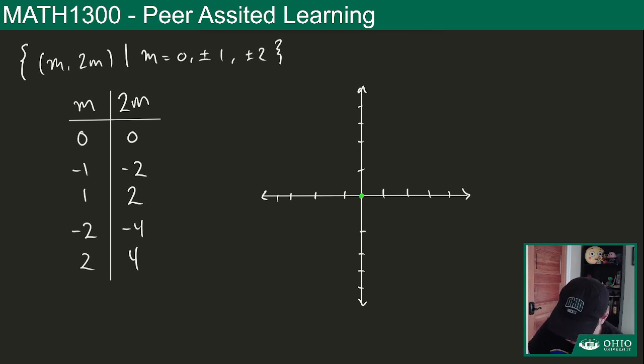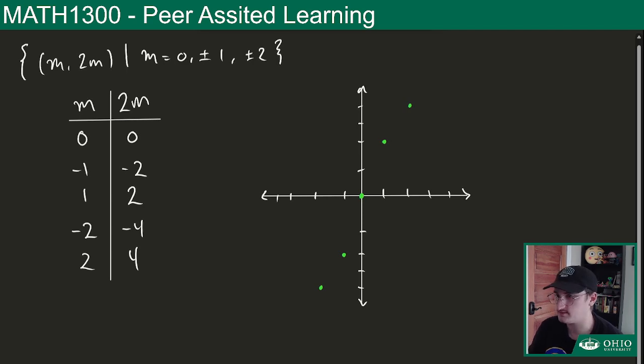Negative 1, negative 2, so that would be down here. Then we have 1, comma 2, which will be right here. Negative 2, negative 4. My scaling of my graph is a bit off, but that's okay. And then we have over 2, up 4, which should be right about here.